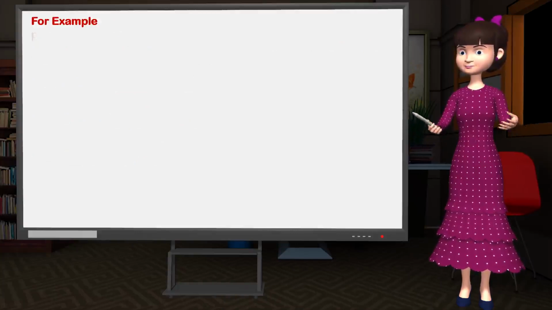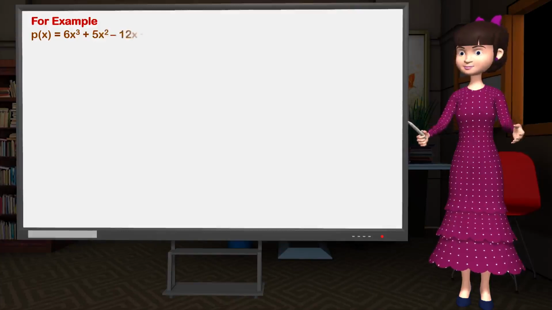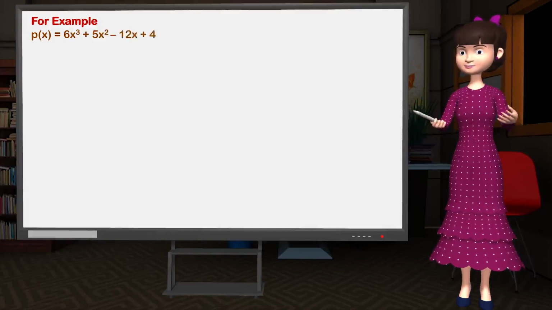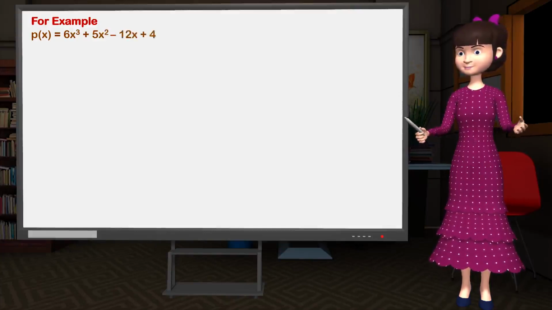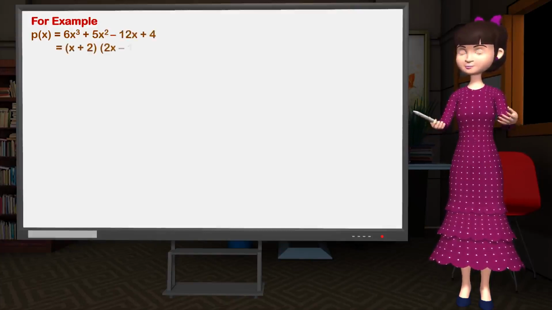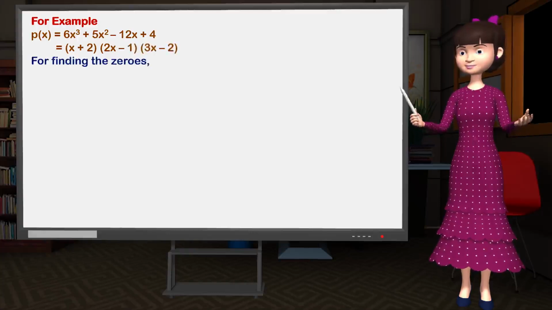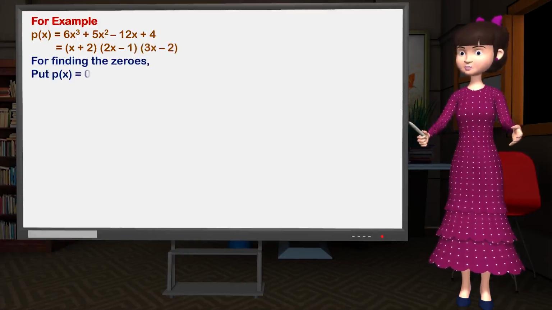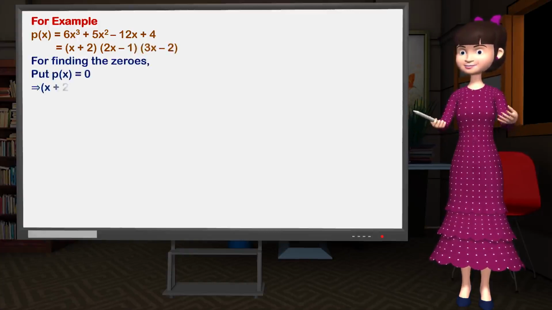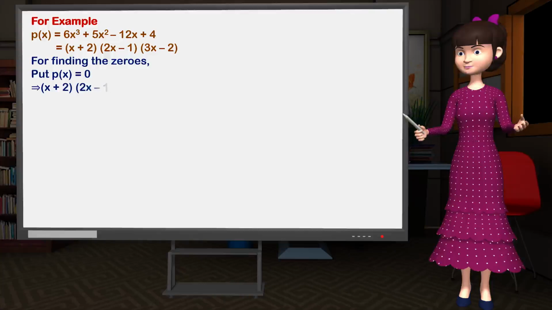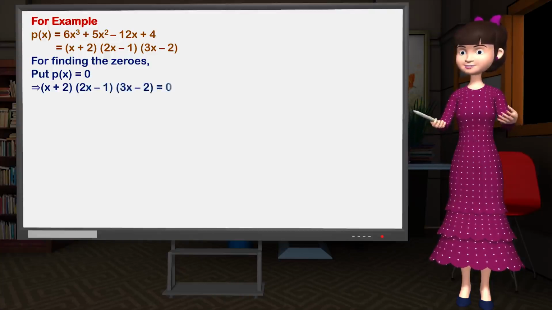For example, p of x is equal to 6x cube plus 5x square minus 12x plus 4. By using factorization method, we get x plus 2 into 2x minus 1 into 3x minus 2. For finding zeros, put p of x is equal to 0. That is, x plus 2 into 2x minus 1 into 3x minus 2 is equal to 0.